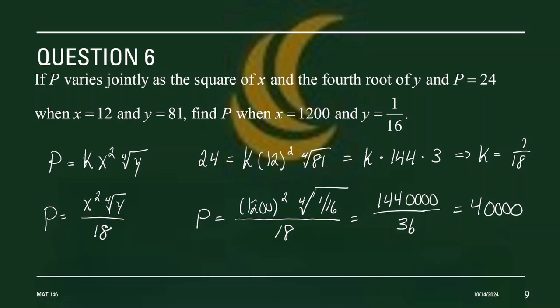So 1.44 million divided by 36 would be 40,000. Very easy to work with powers of 10.